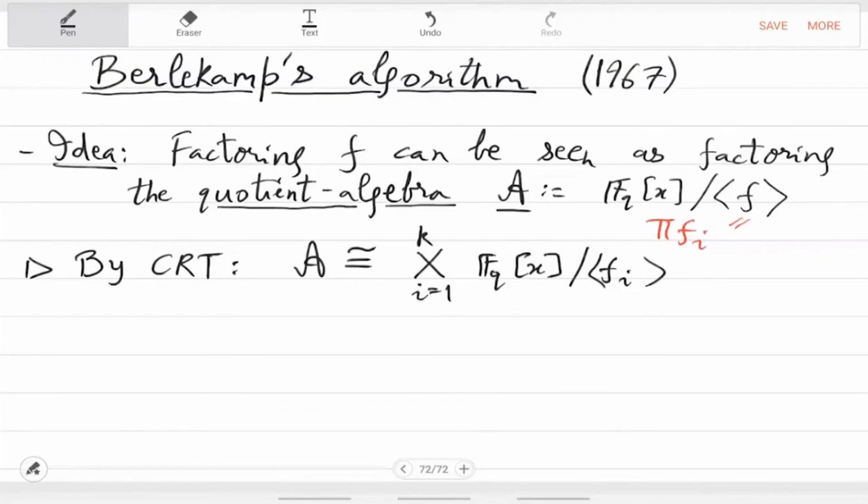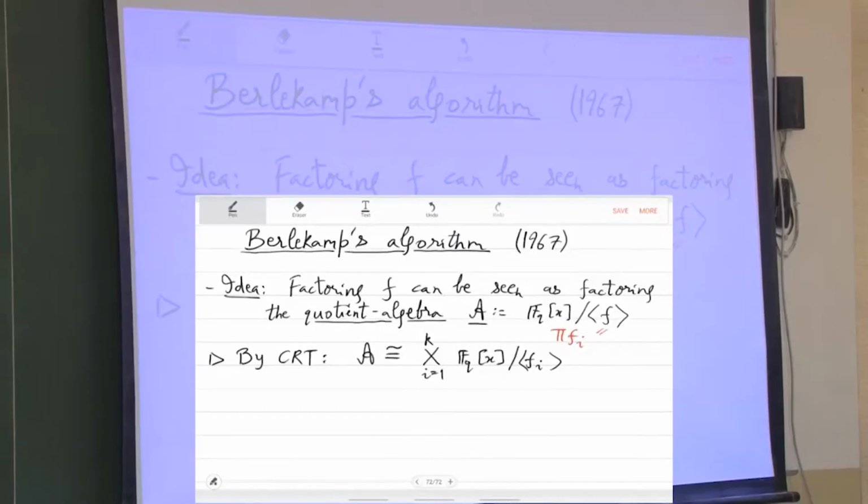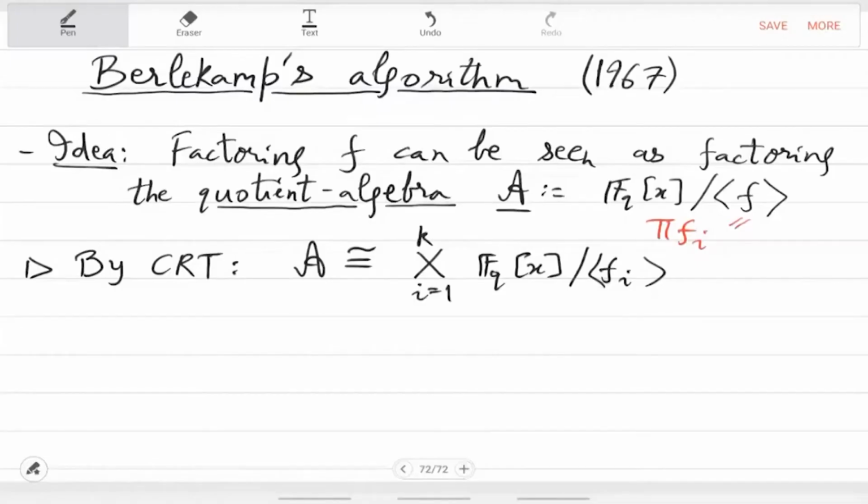So this algebra factorizes into these k quotient algebras.